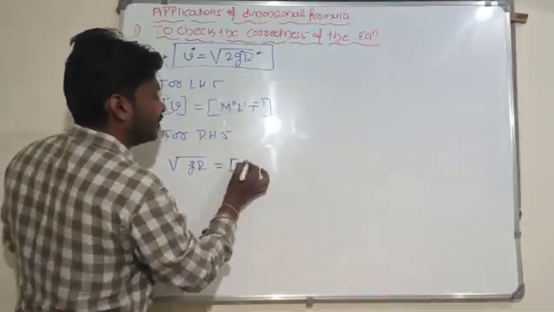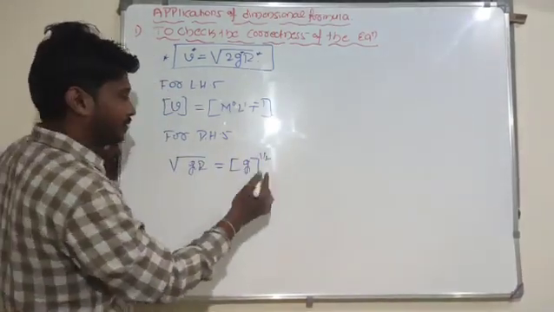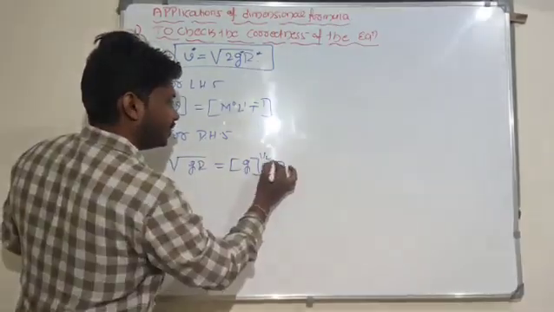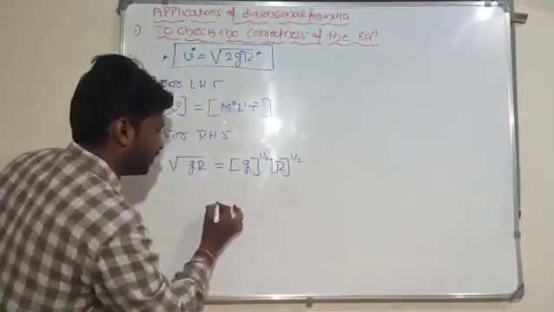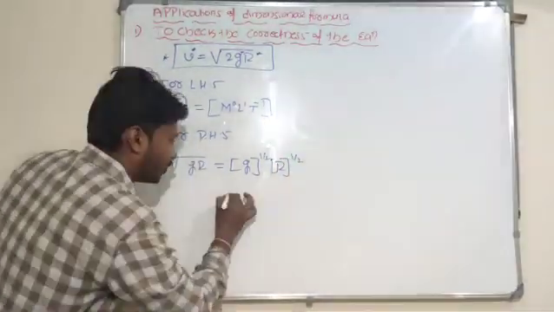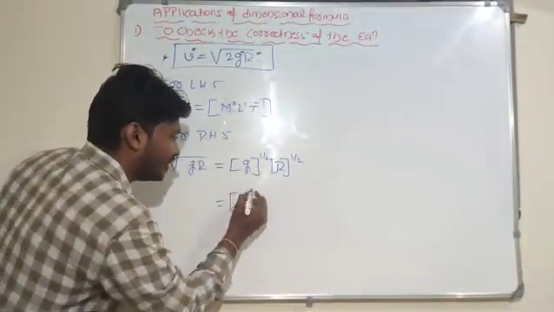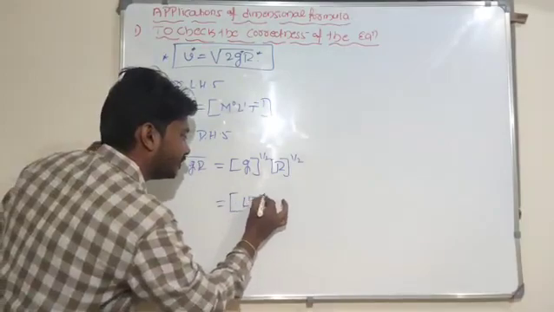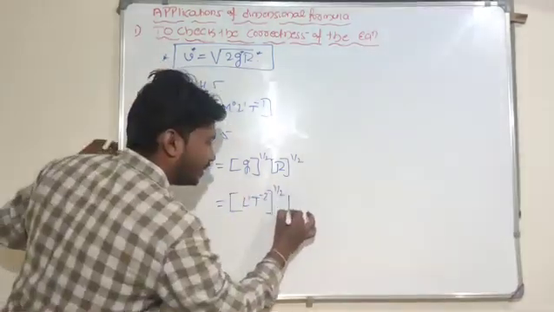So g to the power of 1 by 2, since square root means 1 by 2, and r to the power of 1 by 2. What is the dimensional formula for acceleration due to gravity? Acceleration and acceleration due to gravity carry the same dimensional formula: L1 t to the power of minus 2, whole to the power of 1 by 2.